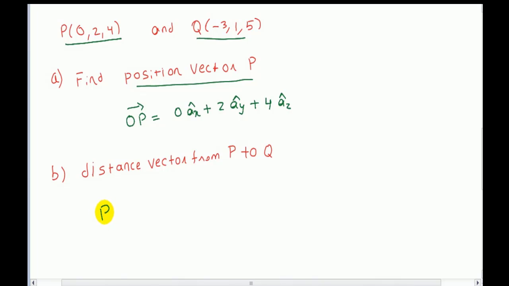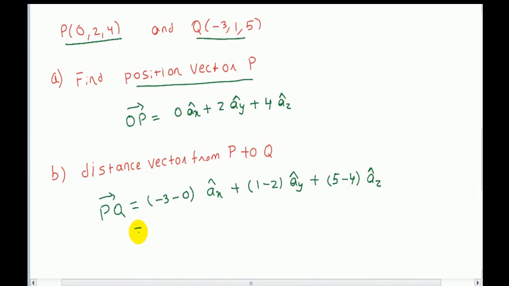Now we want to find the distance vector. It can be found by the coordinates of Q minus the coordinates of P. Respective coordinates will be subtracted, that is -3 minus 0 ax cap, plus 1 minus 2 ay cap, plus 5 minus 4 az cap, and it will be simplified as -3 ax cap minus ay cap plus az cap.